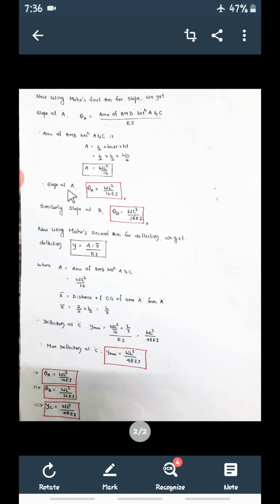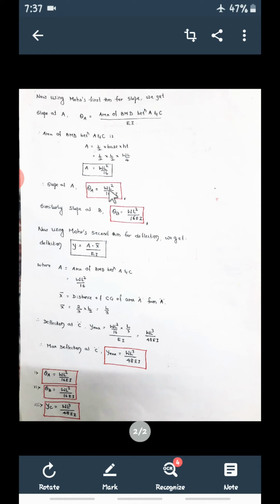Theta A is equal to the area WL square by 16, divided by EI, so WL square by 16 EI. This is the slope at A.